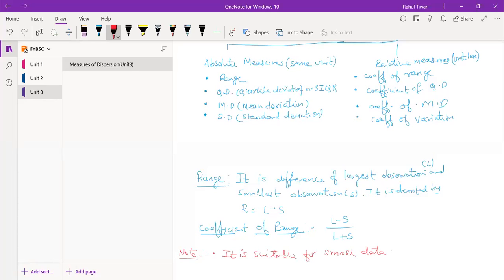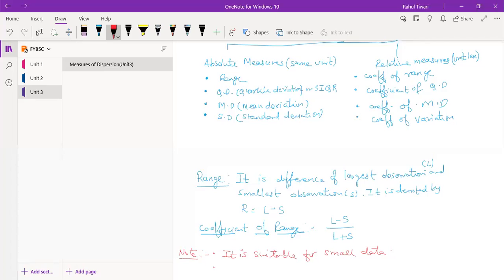And what is the next drawback here? We are considering, as I mentioned, the extreme values. For example, imagine in your data set some observations are, let's say, 10, 20, 10, 20 like that.